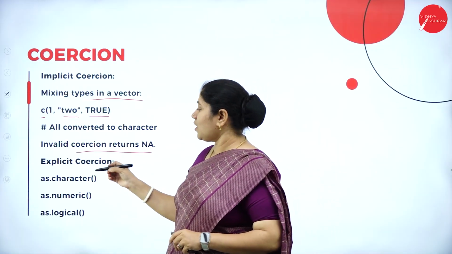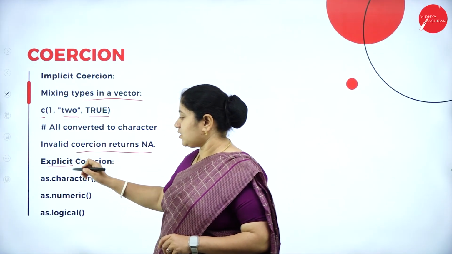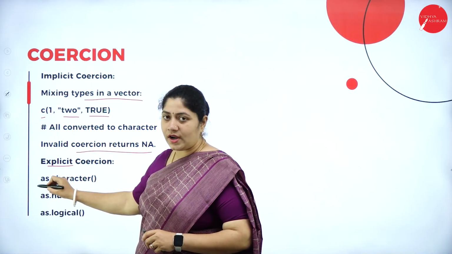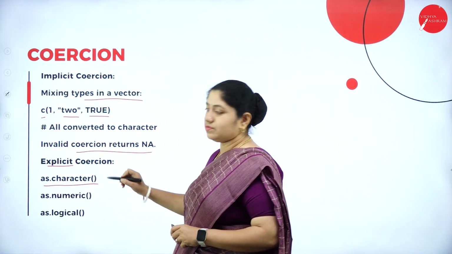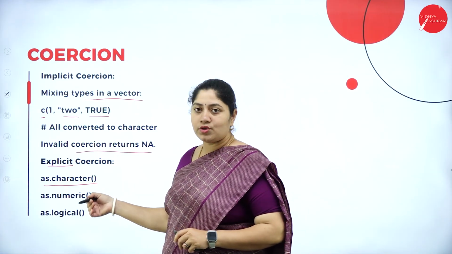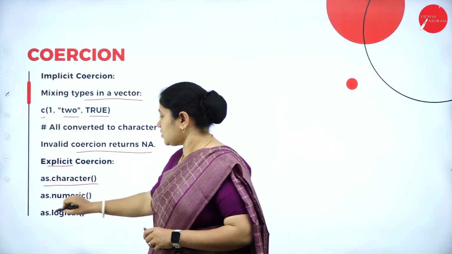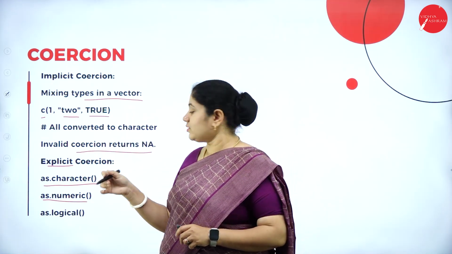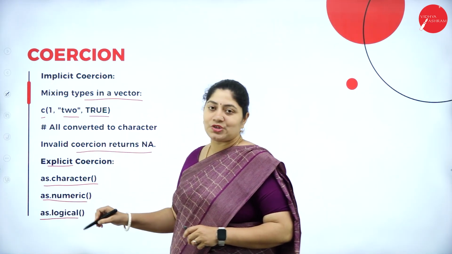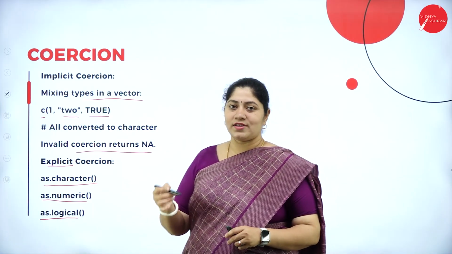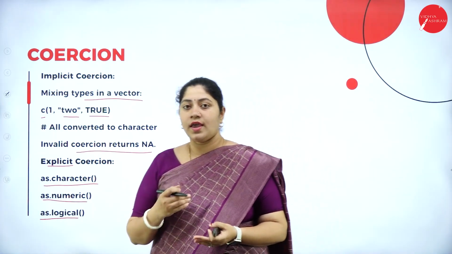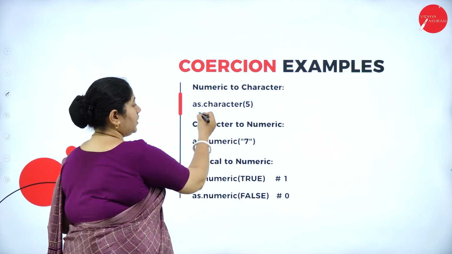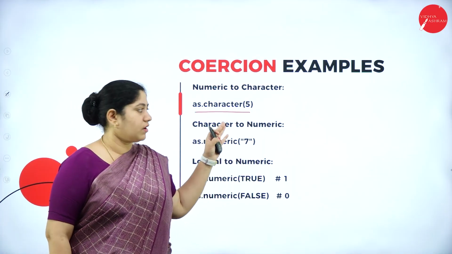Now let's see how coercion happens explicitly. For explicit coercion, we can provide as.character, or if you want to define some number, we can use as.numeric with open and close parentheses, and similarly as.logical. Now the examples. Numeric to character: we can use as.character.